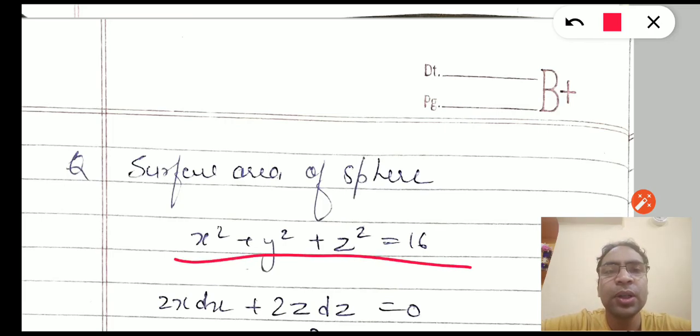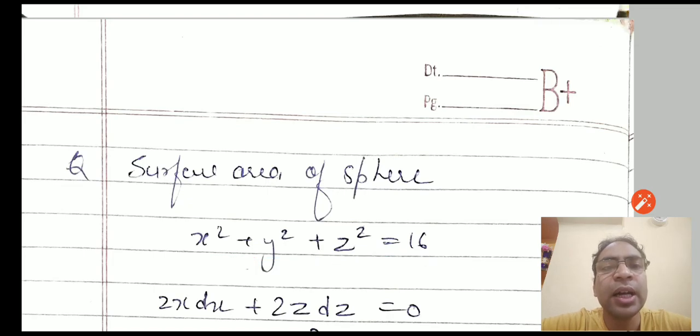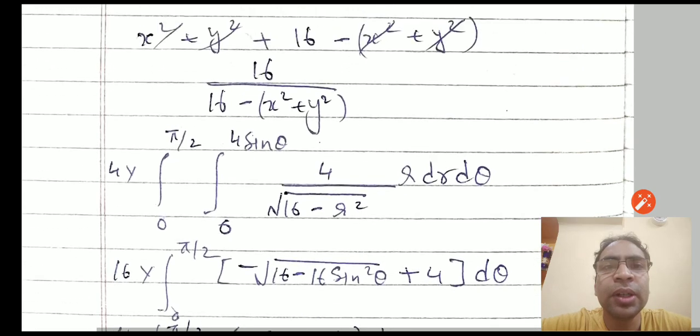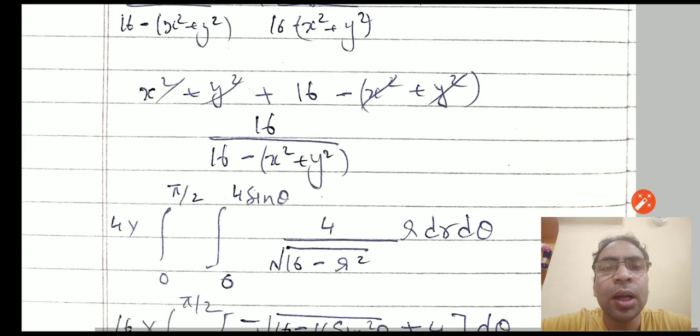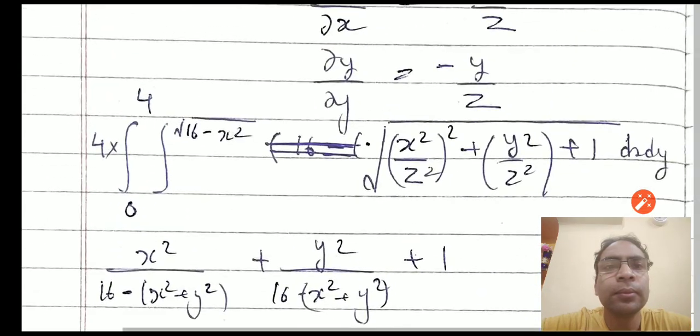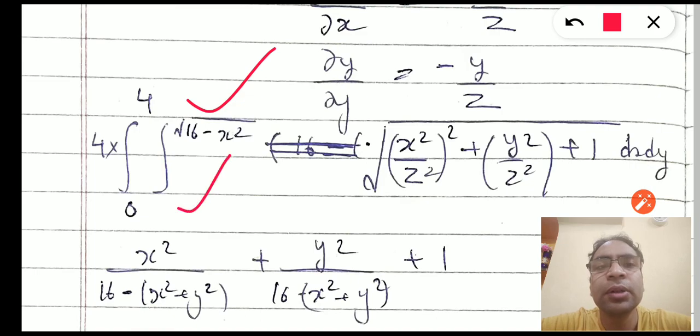So by putting z is equal to 0, we obtain x square plus y square is equal to 16, from which we can find the value of y as under root 16 minus x square, which will behave as the upper limit. So this is the upper limit and 0 will be the lower limit.